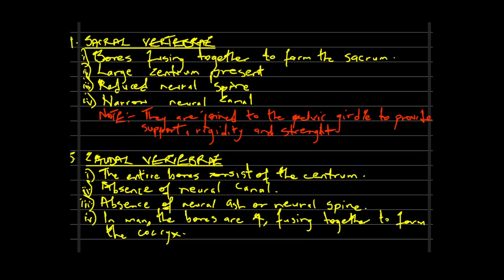So that is what gives us the tail bones. So the caudal vertebrae support the tail and provide attachment for the tail muscle.